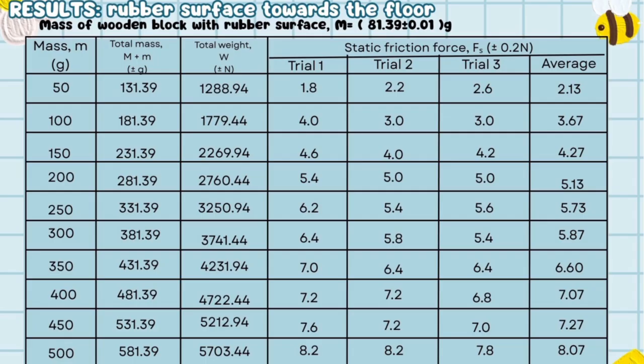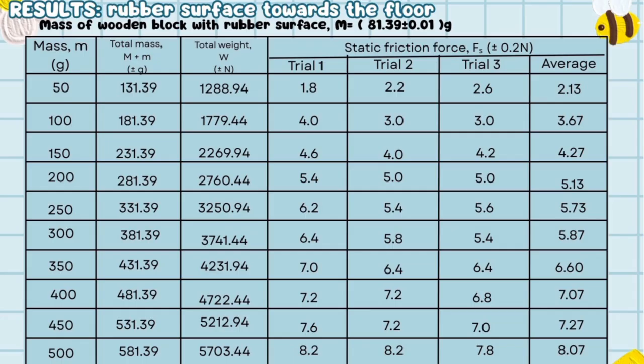The second trial is 2.2, 3.0, 4.0, 5.0, 5.4, 5.8, 6.4, 7.2, 7.2, 8.2. The third trial is 2.6, 3.0, 4.2, 5.0, 5.6, 5.4, 6.4, 6.8, 7.0, 7.6.